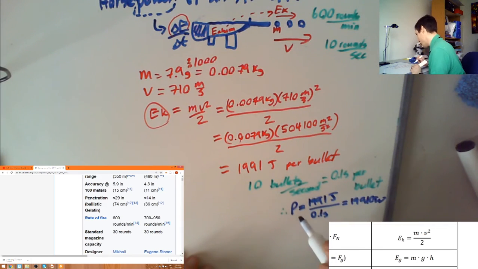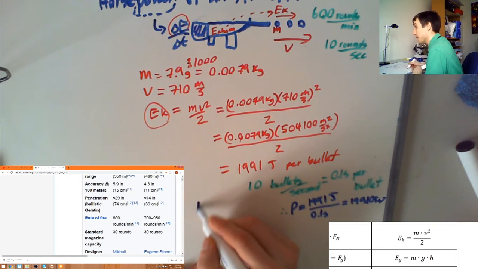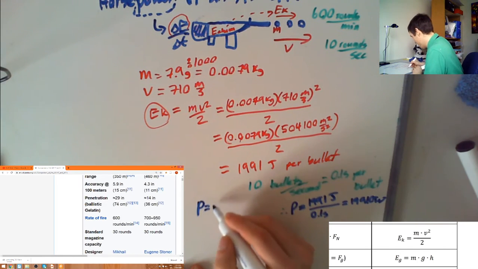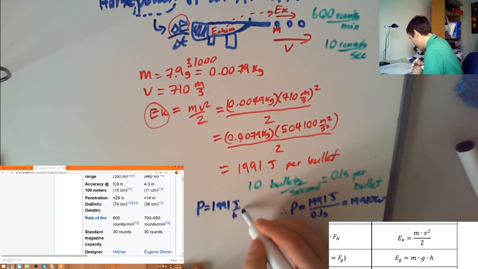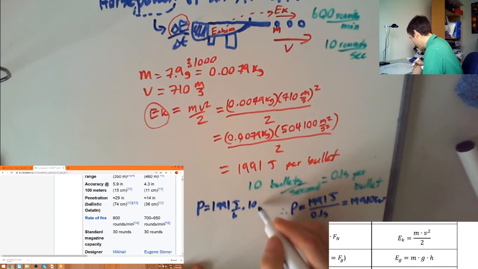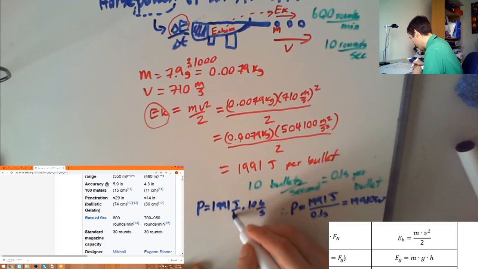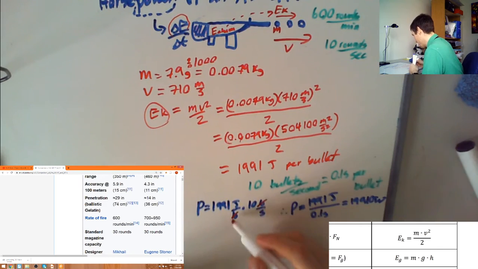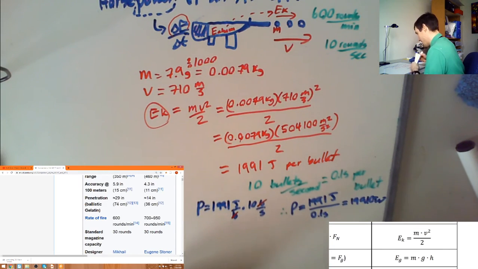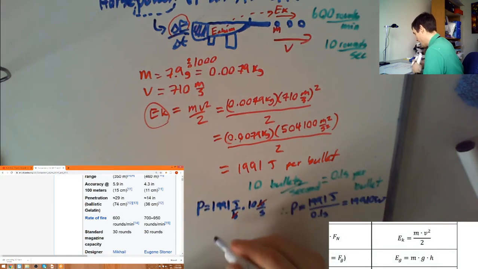It's kind of like a speed, right? So I'll do it a different way. Power is 1,991 joules per bullet times 10 bullets per second, and you cross out the bullets, and you still get joules per second, and it'll still be the same number.